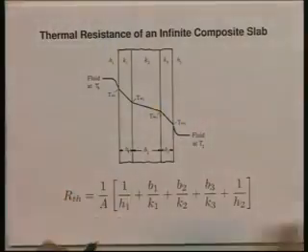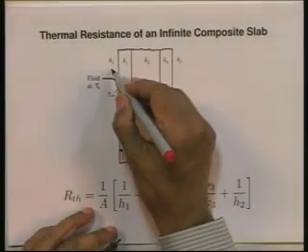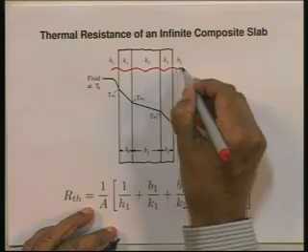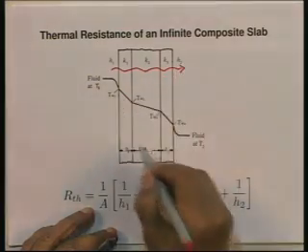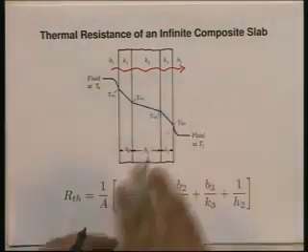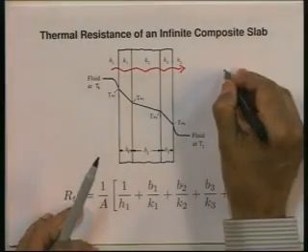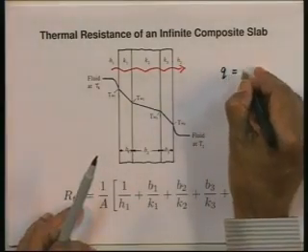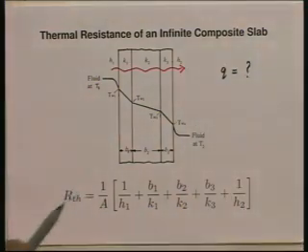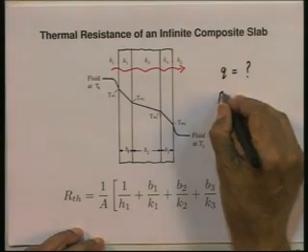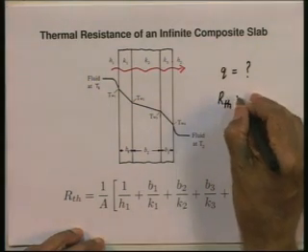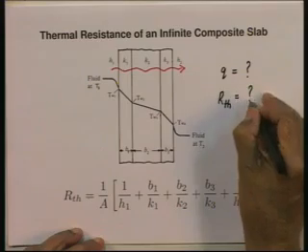Now, what do we want to do? We want to find an expression for the heat flowing across this slab. Heat will flow like this across this slab, right. I would like to find an expression for the rate at which heat flows across this slab, and I would like to find an expression for the thermal resistance of this composite slab.